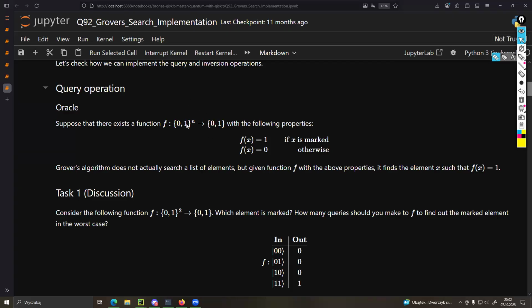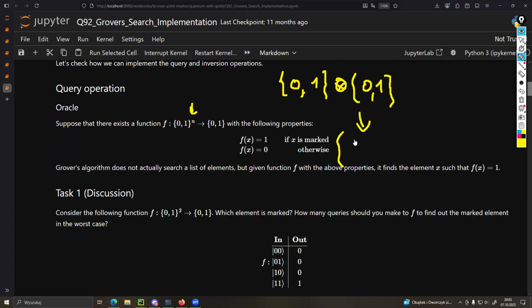This is like 0 1 product 0 1 and so on, and the resulting space will convey all of the pairs or triplets or quadruplets or all of the other combinations.